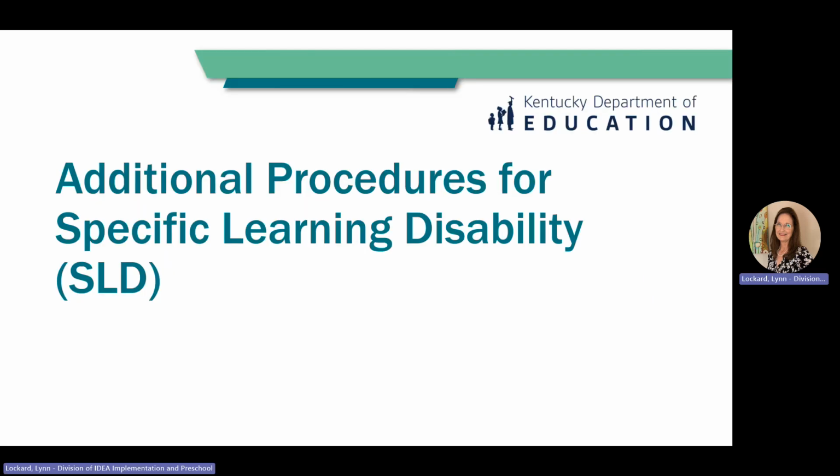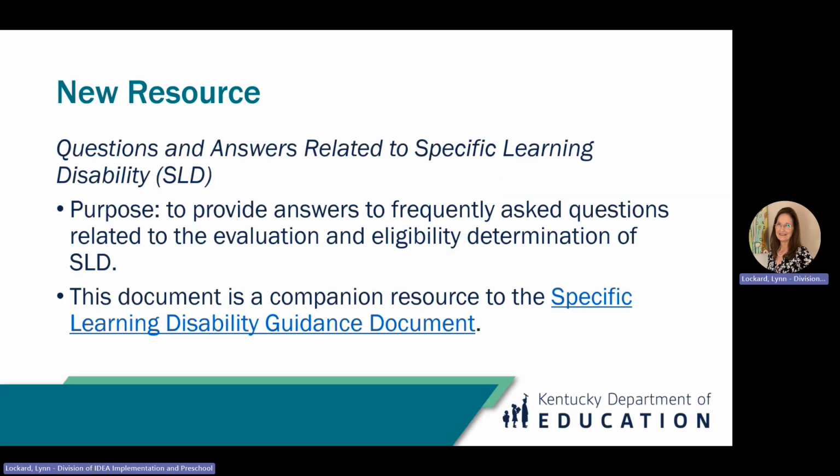We have just reviewed the evaluation and eligibility process that is the same for any disability, including a specific learning disability. Please note that the Kentucky Determination of Eligibility Regulation does outline additional procedures for evaluating children with specific learning disabilities. The Office of Special Education and Early Learning, OSEEL, has created a new resource to help guide the ARC through the evaluation and eligibility process specific to SLD.